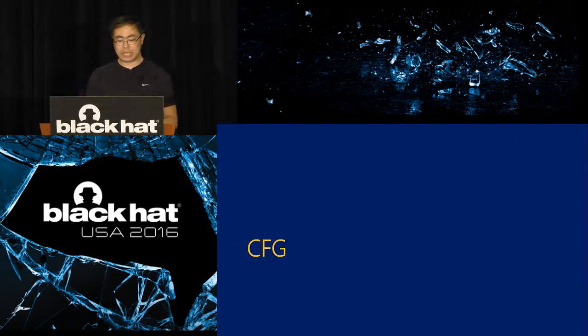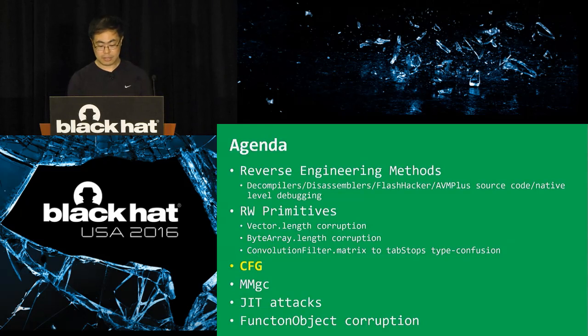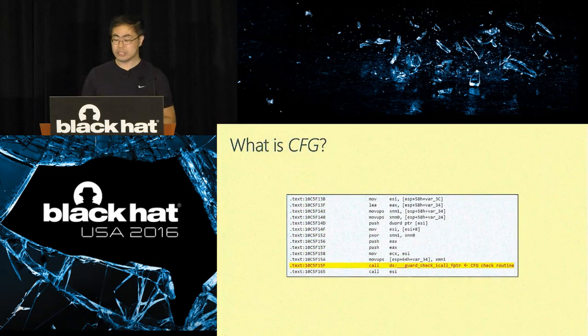So we talked about the RW primitives. Getting RW primitives is easier than actually executing something, because even though you have access to the process memory, there are a lot of hurdles until you get actual code execution. One of those mitigations, the most recent one, is CFG. So what is CFG?